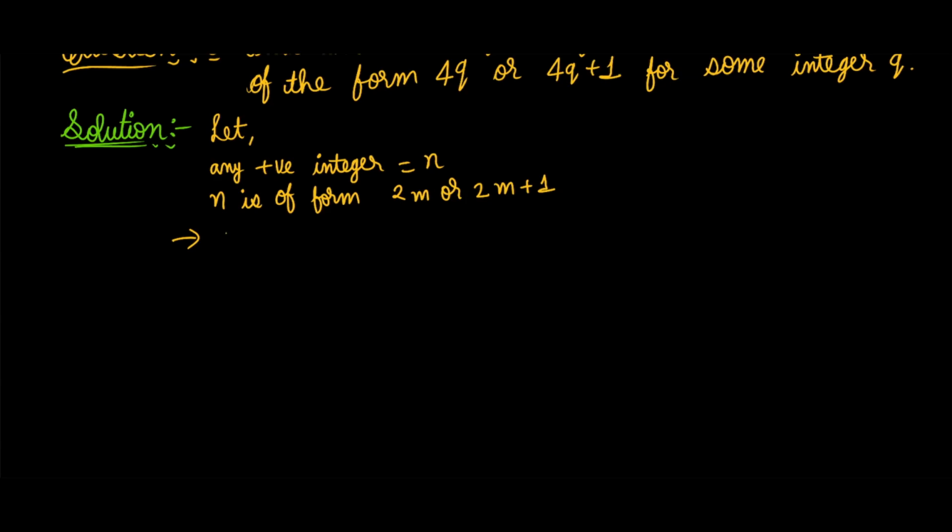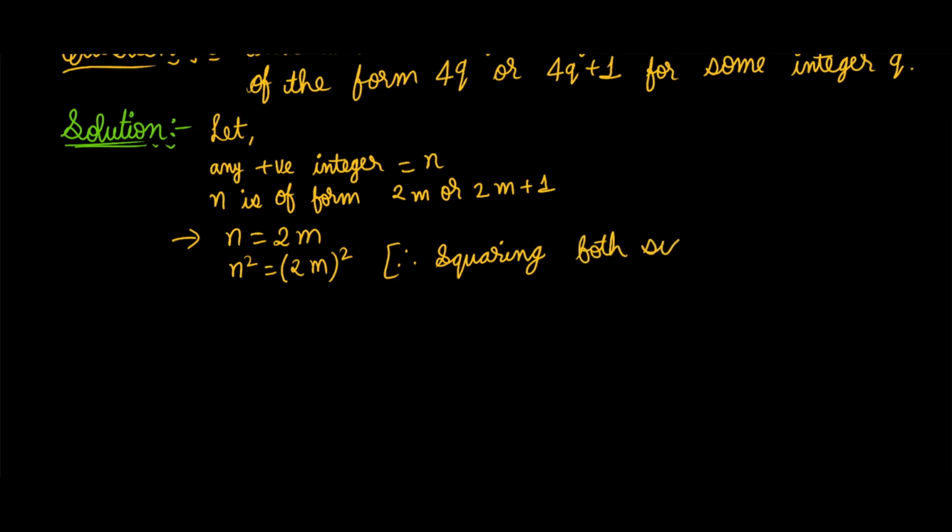So we will take n is equals to 2m. So we will take square both sides, 2m square. So I will write here squaring both sides.